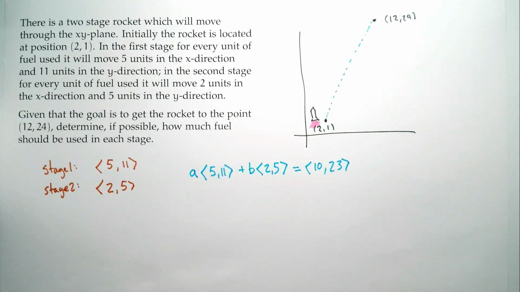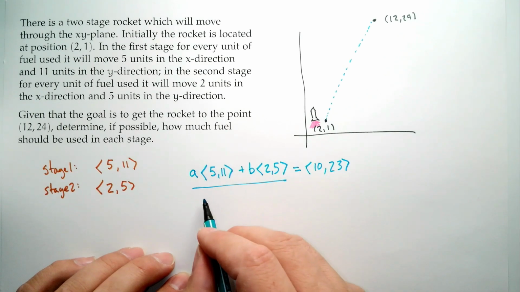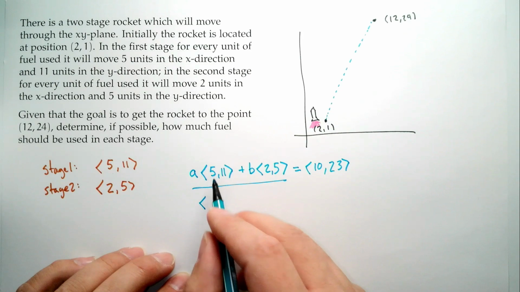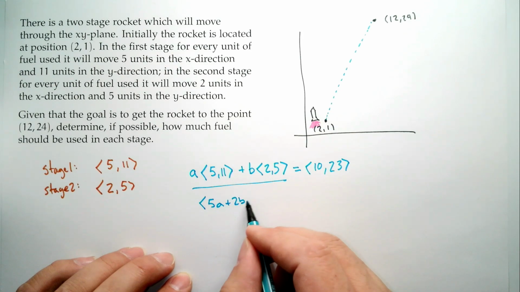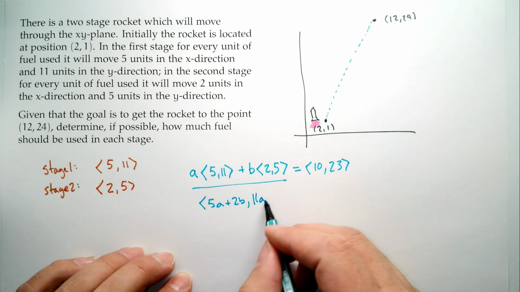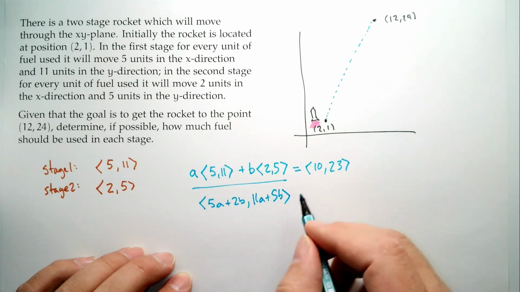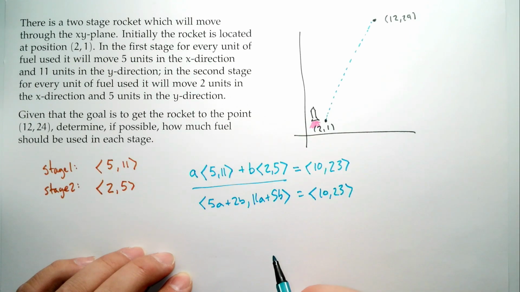So all right, so what do we do to figure out A and B? Well, one way we can think about this is we can think about, all right, let's put it into components. So if we simplify the left-hand side, this becomes 5A plus 2B, and that's the first entry, and 11A plus 5B, that's the second entry, and we want that to be (10, 23).